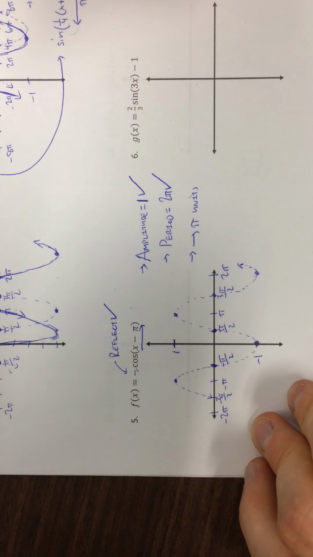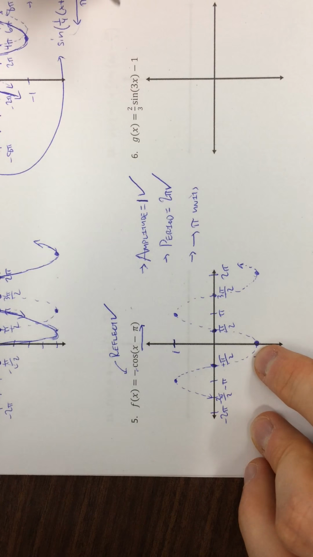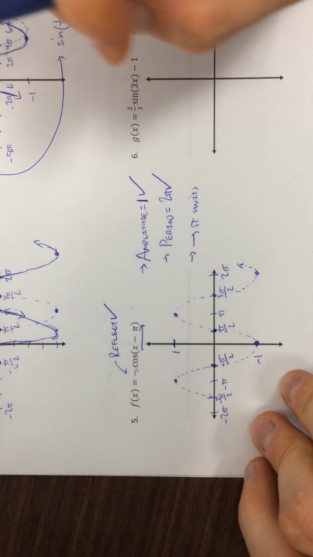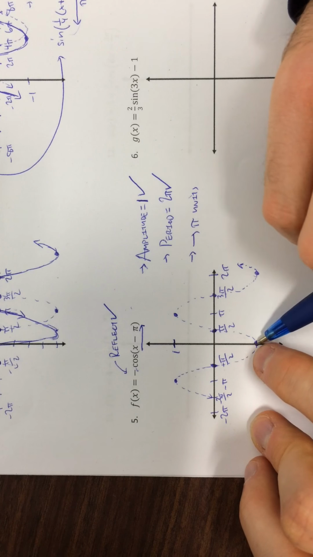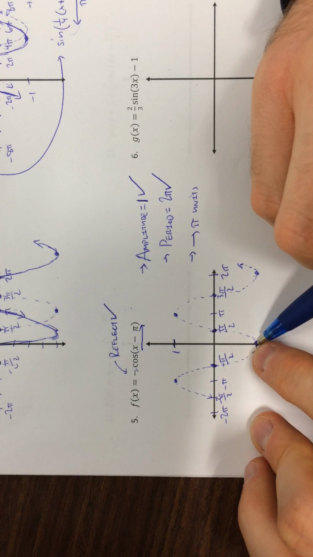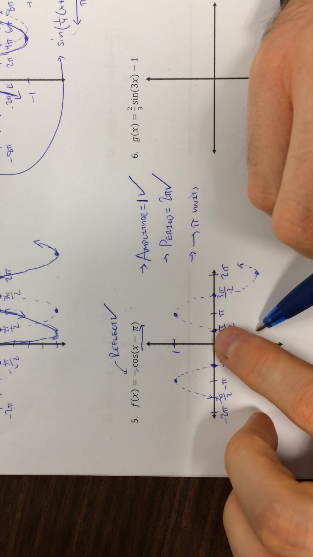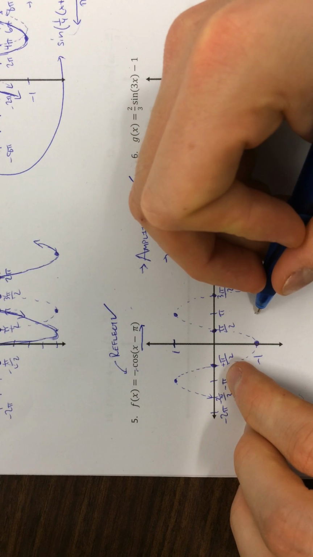Now what we need to do is move it to the right pi units. So I would always start on the y-axis. Our y-axis here. So our x value is 0. I need to then move to the right pi units. Well, if I move here, that's pi over 2 units. So I need to move to the right here. Plot my point.